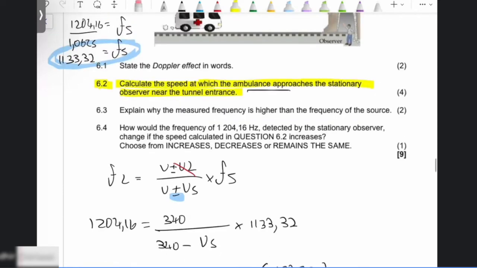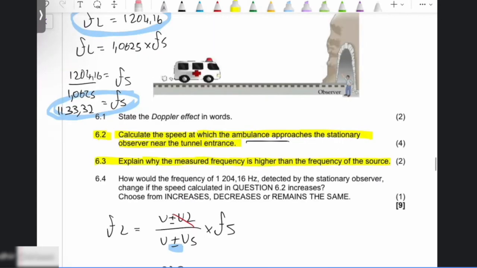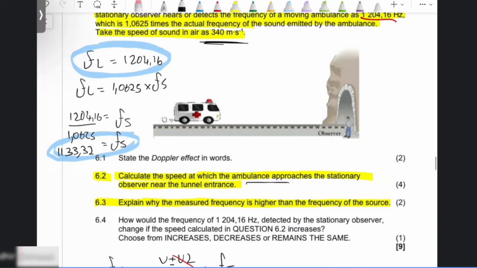Now 6.3 says explain why the measured frequency is higher than the frequency of the source. They want to know why this measured frequency is greater than this 1101. When you're approaching, you need to know that the wave fronts are compressed, so greater frequency.